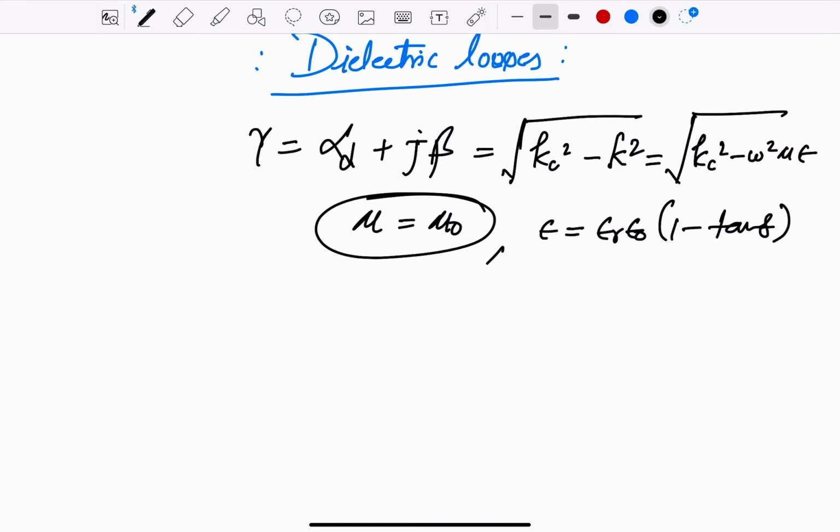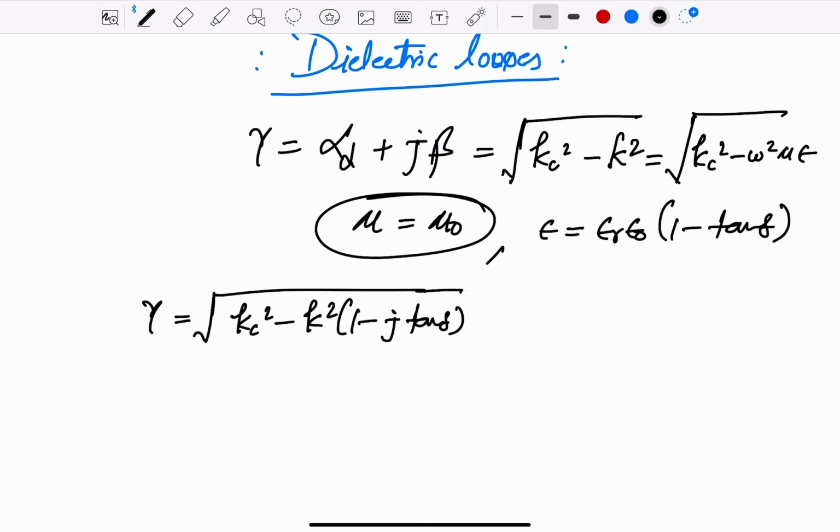Now in total the propagation constant can be rewritten as gamma squared equals kc squared minus k squared times 1 minus j tan delta. Or you can also write this as kc squared minus k squared plus j k squared tan delta.